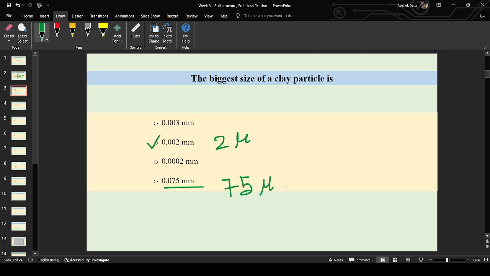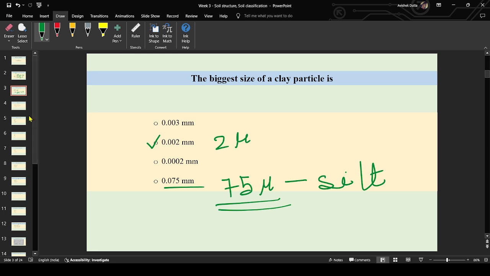This is the maximum size of silt, the boundary which separates fine grained soil from coarse grained soil. So 2 micron is the biggest size of a clay particle, and 2 micron means 0.002 millimeter. The other two options, 0.003 and 0.0002, do not have any significance regarding the boundaries of maximum soil sizes.